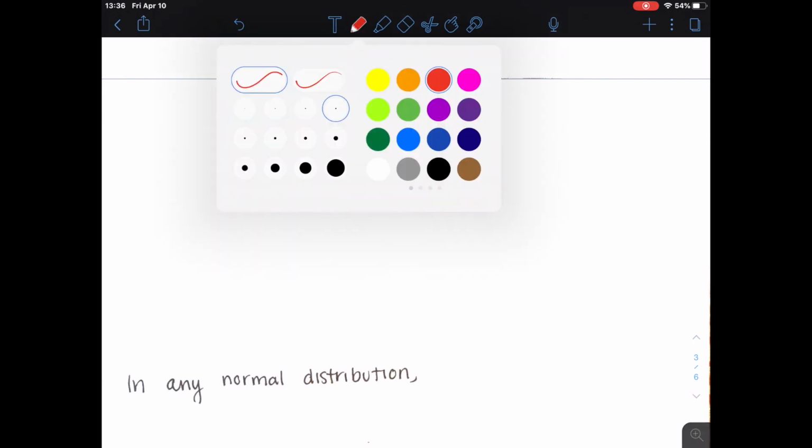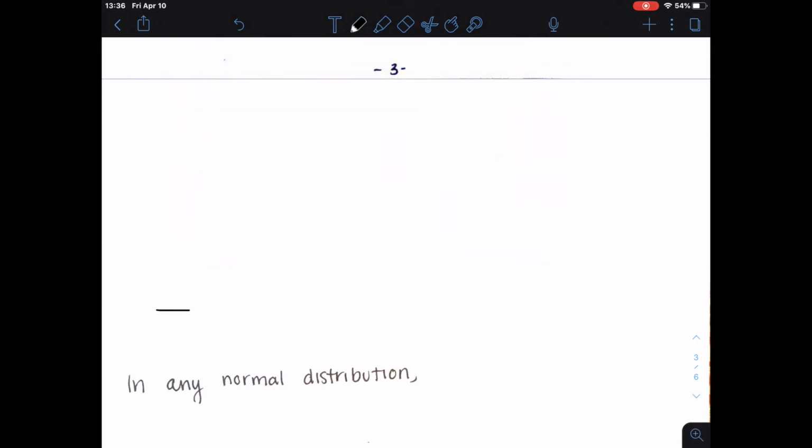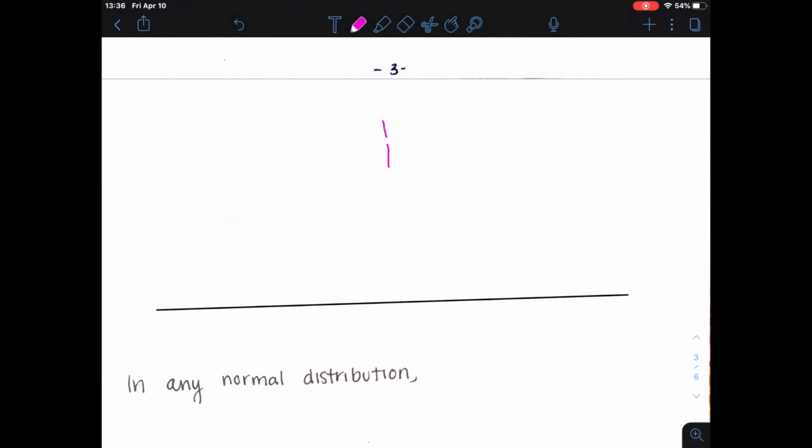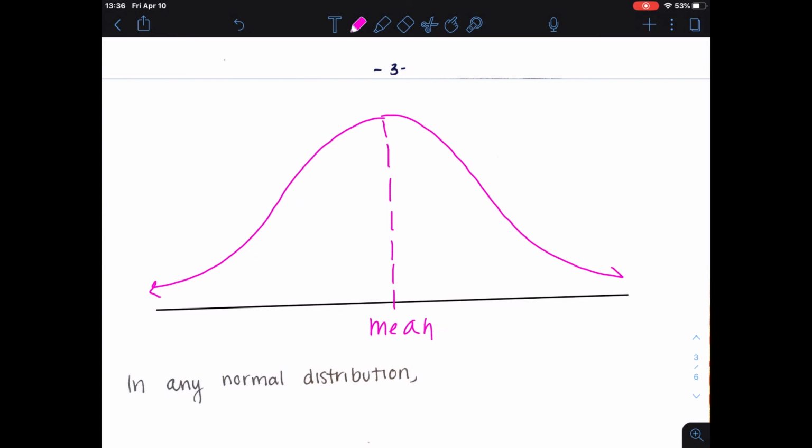So if we have the bottom part of our histogram and our mean goes directly in the center, which is also the median and the mode. But for now, we'll just put the mean down here. Your curve is going to be bell-shaped and it's symmetric about the mean. So you get exactly the same shape on both sides.